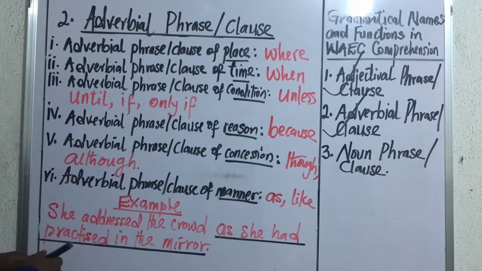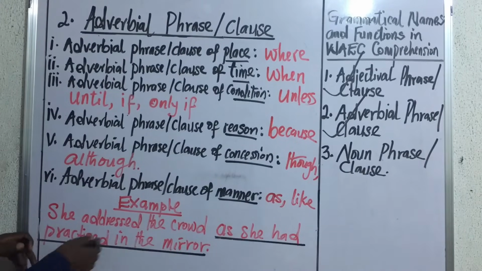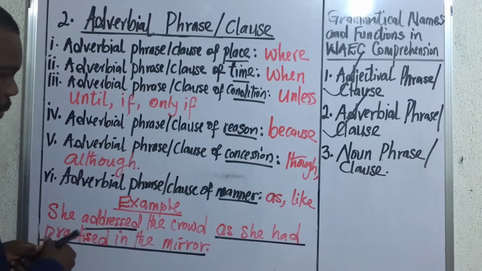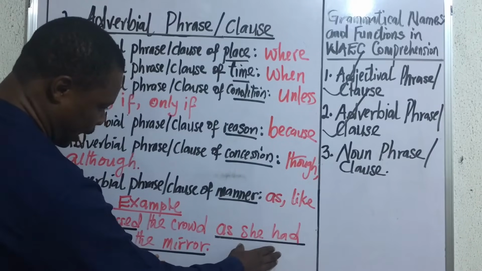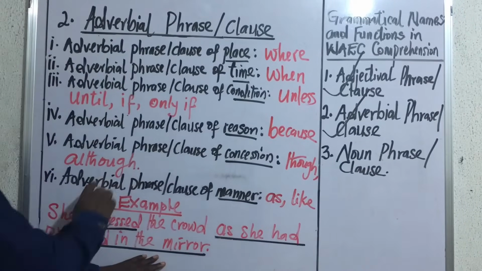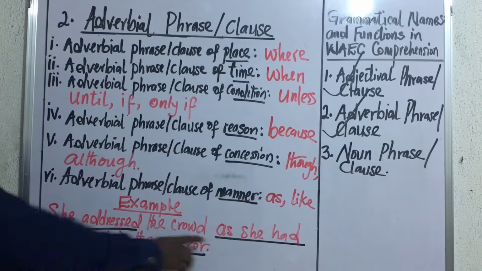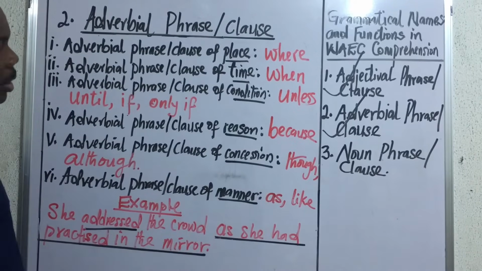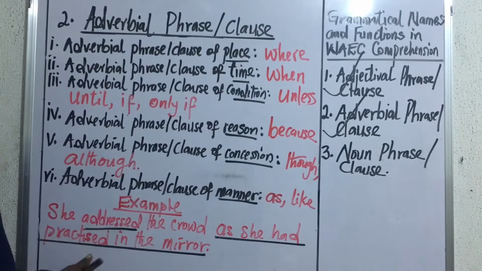So when you go here, you're going to say, she addressed the crowd. So the main verb here is what? Addressed. Therefore, we will conclude that the function of this underlined expression is that it modifies the verb addressed in the main clause. That's the function. So that's how to state the function of adverbial phrases or clauses when they come in WAEC comprehension.